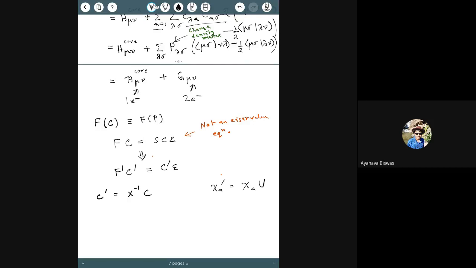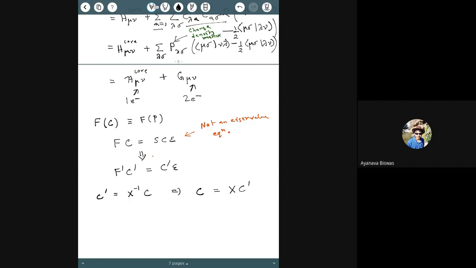So the new things were a linear combination of the old things. Here we have put an inverse, which means that we are writing the original coefficients as a linear combination of the new coefficients. So we will see how that helps us.